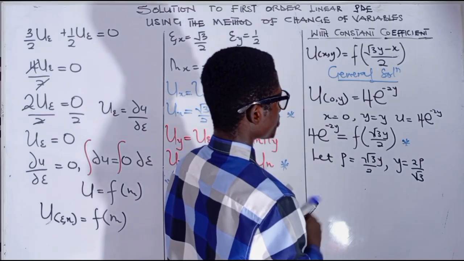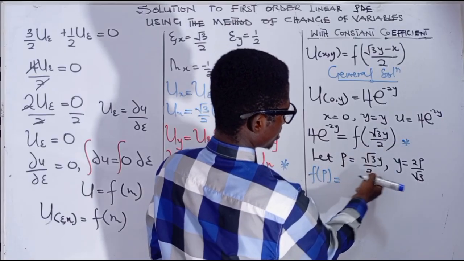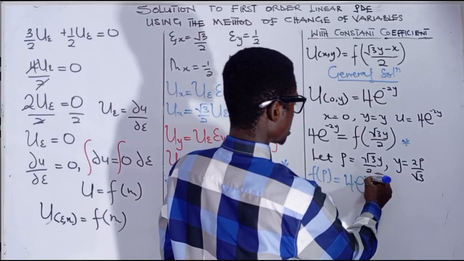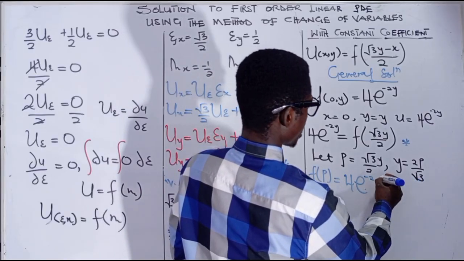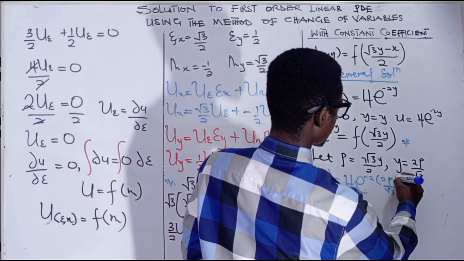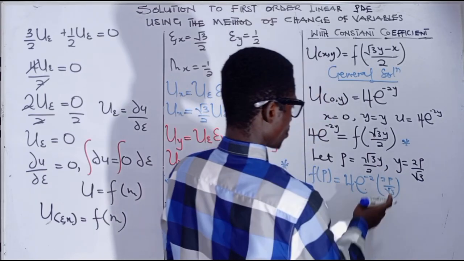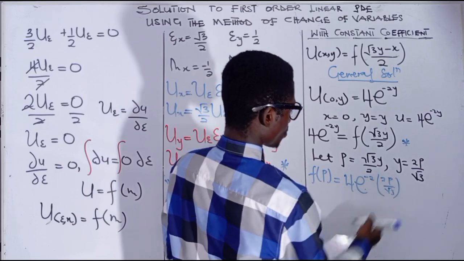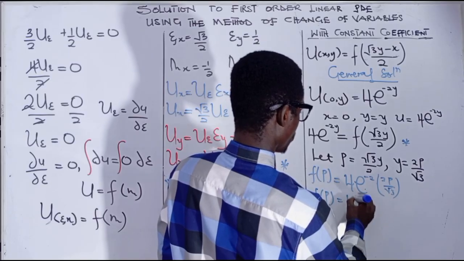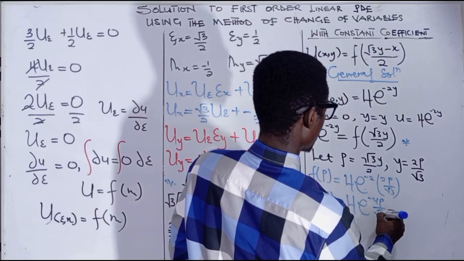We have f at p is equal to 4e exponent negative 2, and our y is 2p all over root of 3. From the algebra, we get negative 4p all over root of 3. So we have f at p is equal to 4e exponent negative 4p all over root of 3.